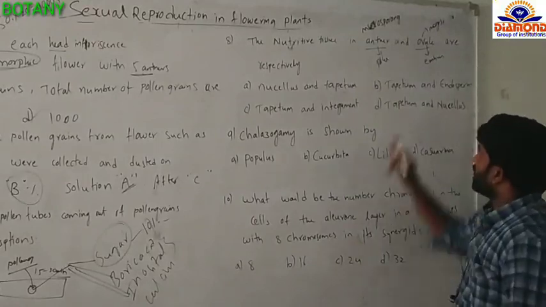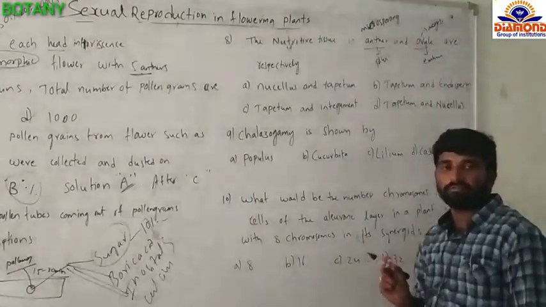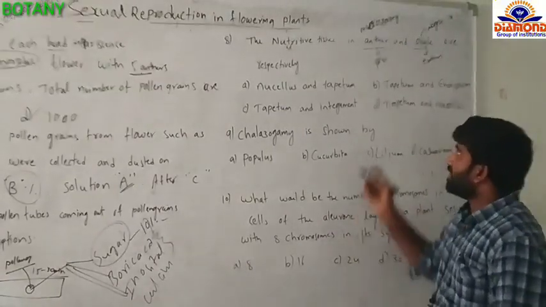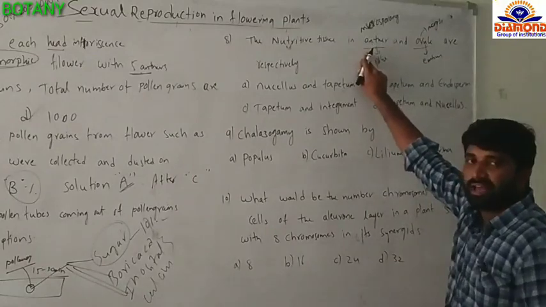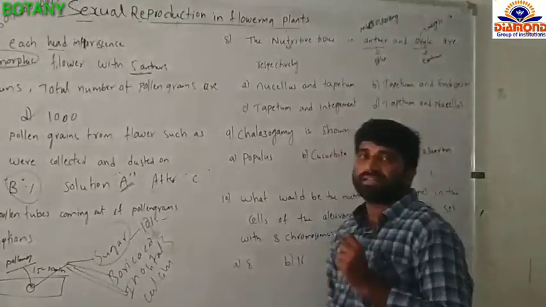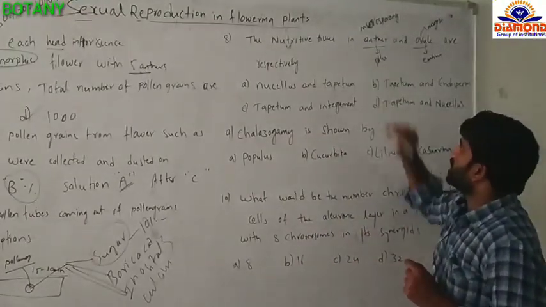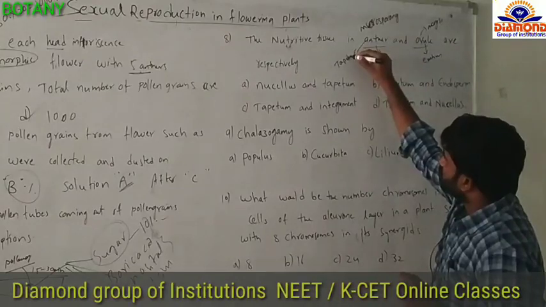So which tissues give food material for their development? In the transverse section of anther, there are 4 layers: epidermis, endothecium, middle layers, and the innermost layer, the tapetum. So in anther, tapetum is the nutritive tissue.